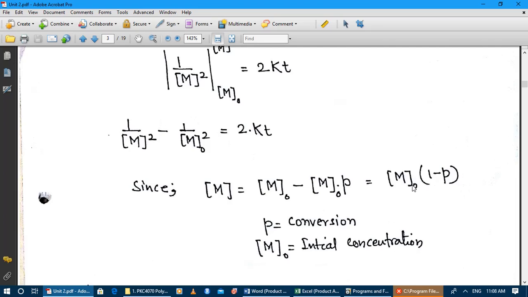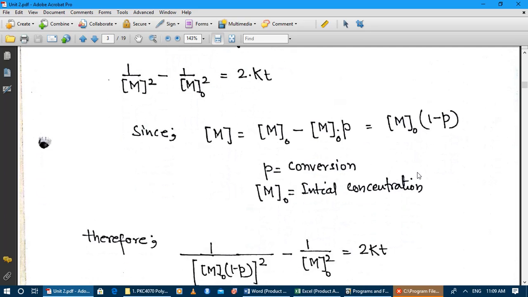So here in this equation, the initial concentration of the monomer, M naught, is a constant value, and 1 minus P, where P is the conversion at any time T. From our pilot plant result, we are always aware of the conversion value with respect to time.